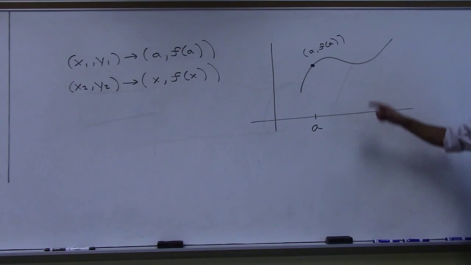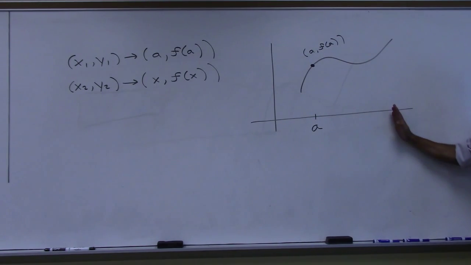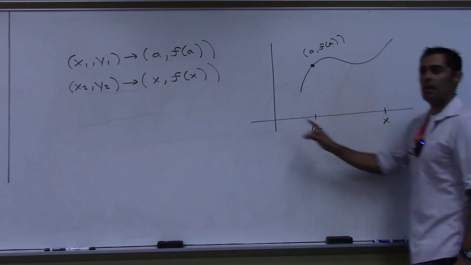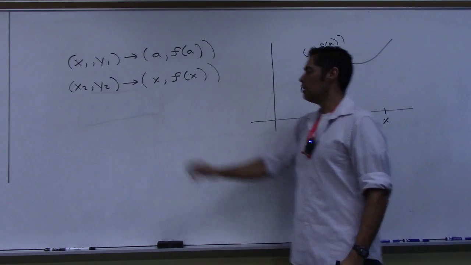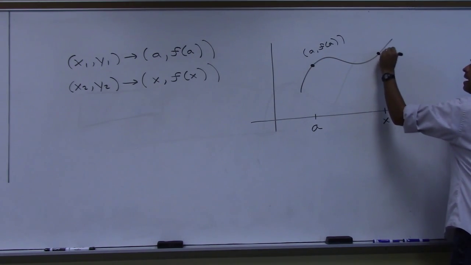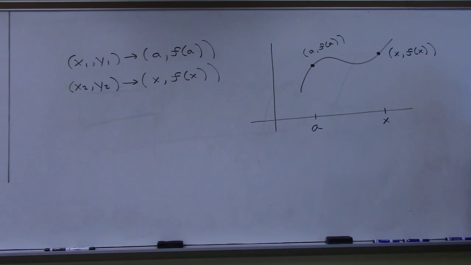Is that okay? This is A, f of A. That's that point. And then I'm going to pick some other point over here, which I'm going to call x, because that's the other x coordinate, right? And it goes up here to some point on this graph, and that has the coordinates x, f of x. Y'all still with me? Okay.